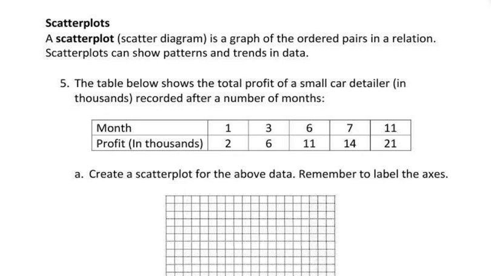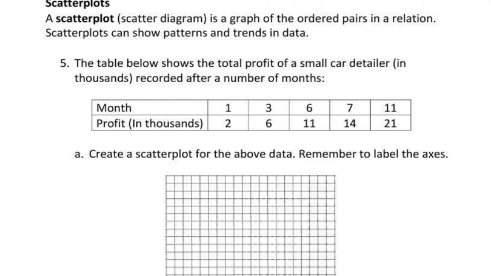Scatter plots now. A scatter plot or scatter diagram is the graph of the ordered pairs in a relation. Scatter plots can show patterns and trends in data, and they're used often in science, in business even, and various other professions where they're looking to analyze a given set of data.